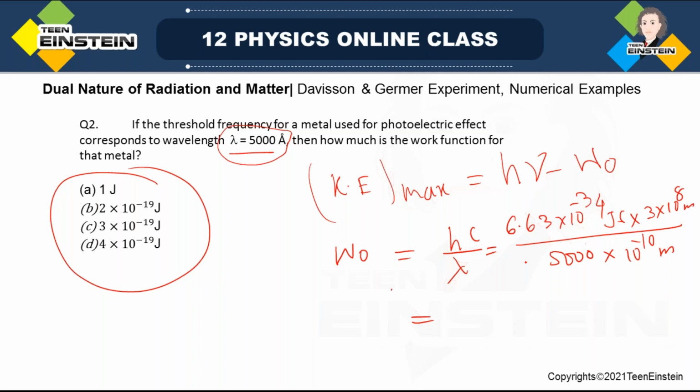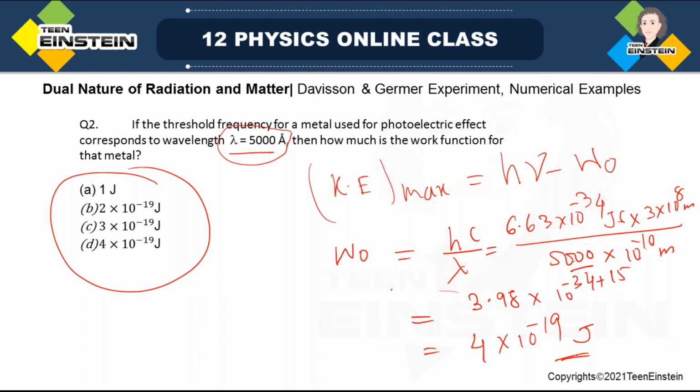You can do this calculation, Deepa, by yourself. This will come as something like 3.998, and we can just take this as 3 times 7, so 10 to the power minus 34 plus 15, it will be around 4 into 10 to the power minus 19 joule.